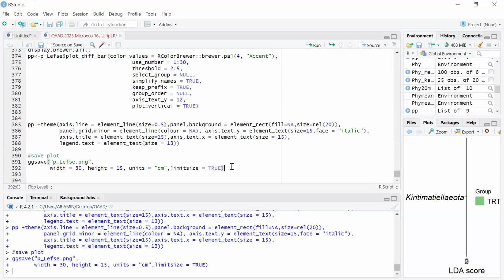You saw in the cladogram, there were outgroups. The outgroups are mostly bacteria that are unique on their own, that do not share much similarity in their characteristics with the existing bacteria clustered together within your cladogram or LEfSe analysis.